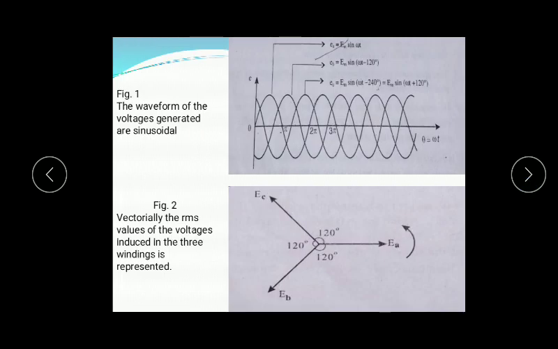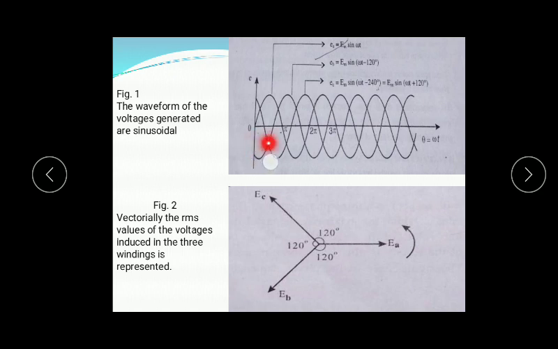Now this is how the waveform of the generated voltage is sinusoidal. It will have 3 windings, so we are going to get 3 single-phase voltages. This is your first voltage, which is Ea equal to Em sin omega t.